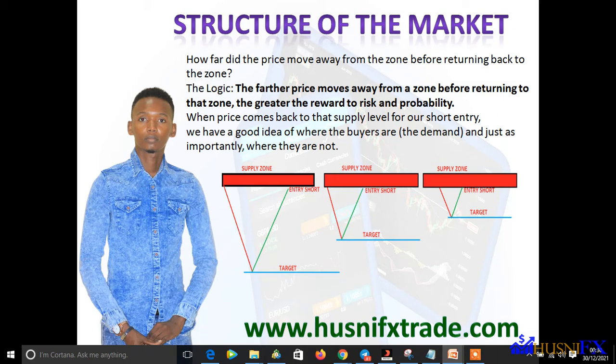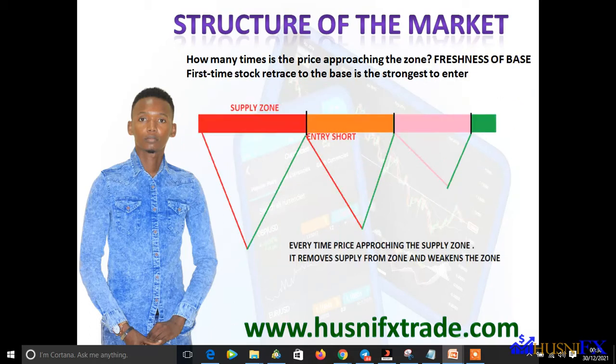So we can see that when the supply zone is like here, entry short is here, you can see where the target should be. When you see the supply zone is here, the target is here. Anytime you see the key zones, supply zones and also demand zones, the previous low is always our target. So that is very clear, guys.